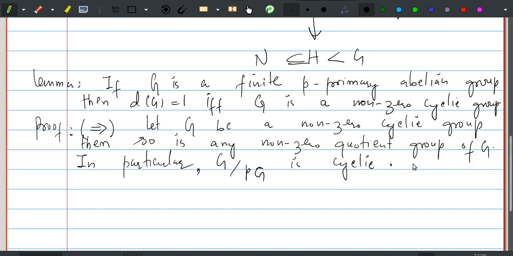Now one can note here this G mod pG is non-zero.